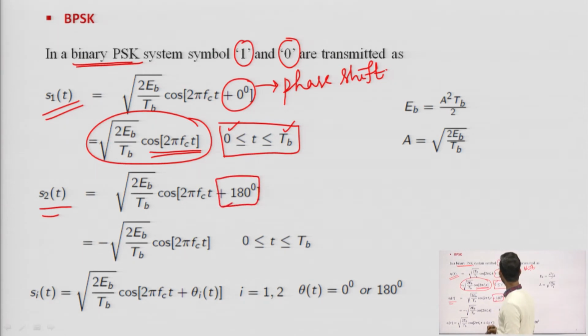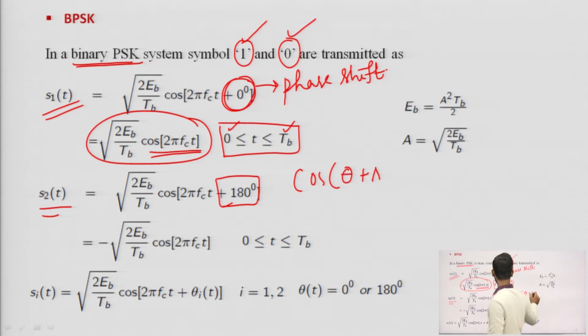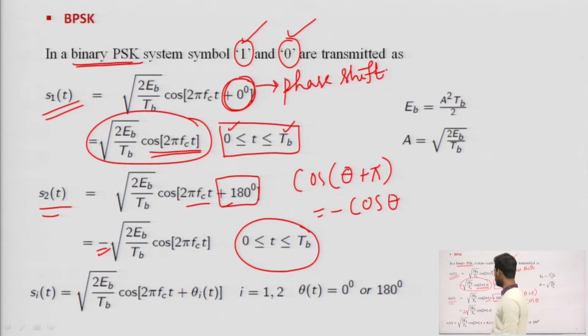So we distinguish 1 and 0 by shifting the phase by 0 degree and 180 degree. We can see that cos of theta plus 180 degree, that is theta plus pi, equals minus cos theta. That is why it becomes minus root of 2EB divided by TB, cos(2 pi fc t), in the interval 0 to TB.